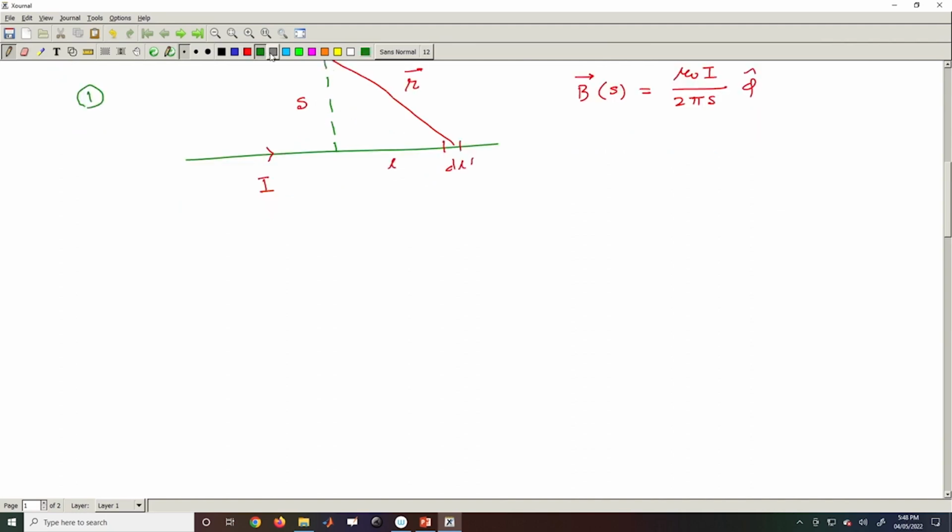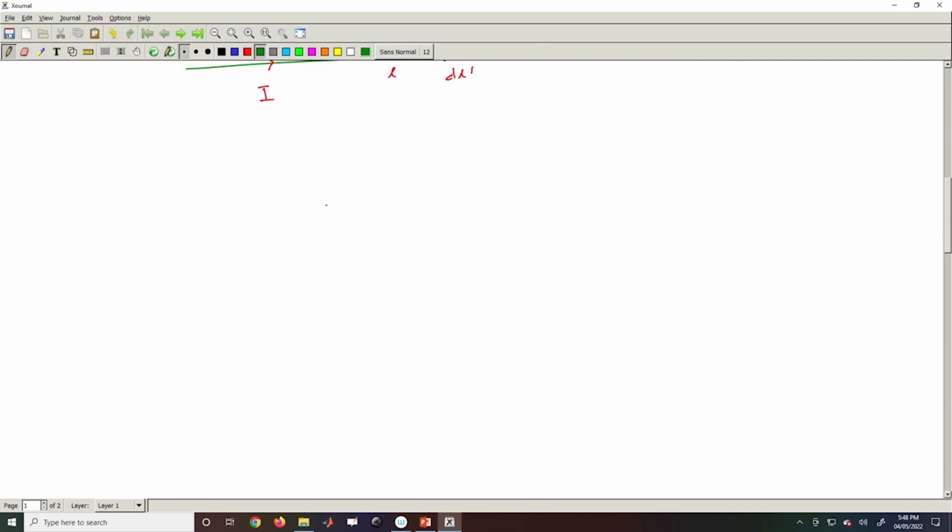Then another case we discussed, where we have a current carrying ring, and this is the axis of symmetry, and over the axis of symmetry we try to find the magnetic field.